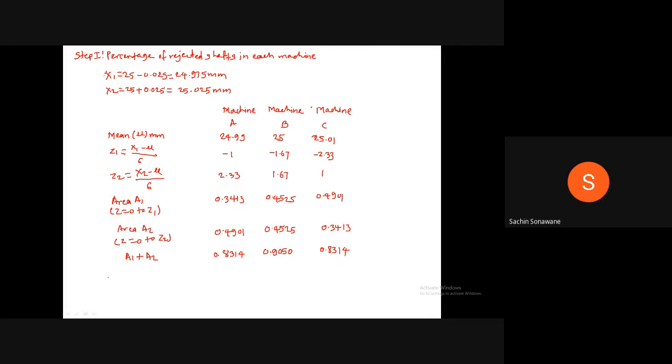Therefore percentage rejection is 1 minus (A1 plus A2) into 100.